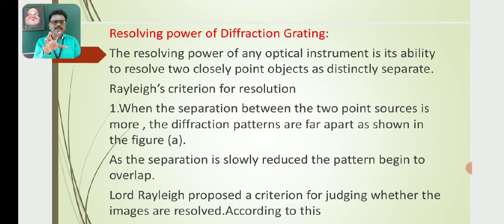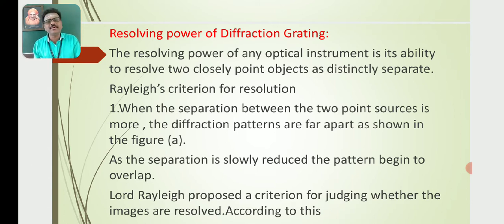So here the concept of resolving power means differentiating the object when we view it through the naked eye and the same object when we view it through a microscope. What is the difference between those two? In the case of the naked eye, there is less resolution.